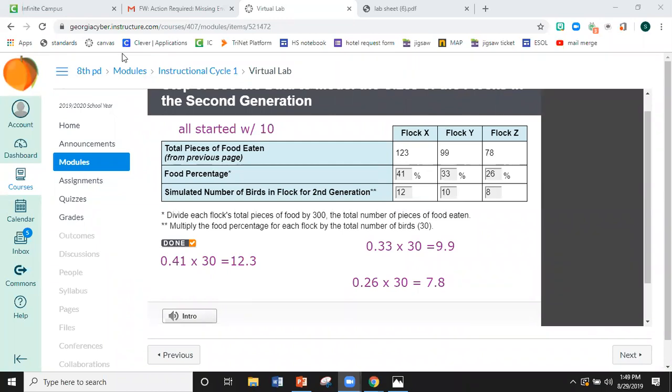All right, so each flock started with 10, but by the time they have kids, flock X has 12 babies. There were 10 adults and they have 12 babies. Flock Y had 10, now they have 10 babies, so they stayed about the same size. Flock Z had 10, but now in the second generation, they only have 8.